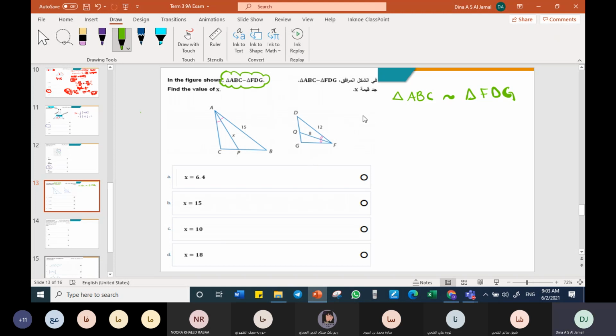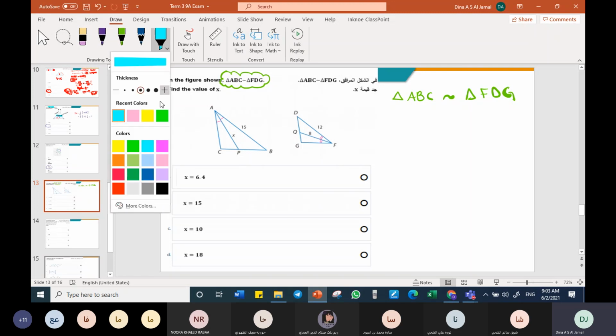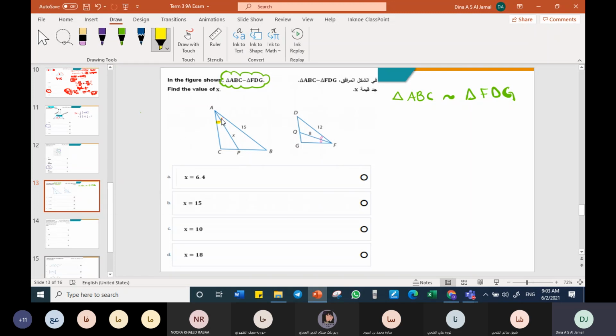So now he would like you to find the value of x. I'm having angle similarity, this angle and these angles. That means he would like you to use the proportionality to find the value of x.